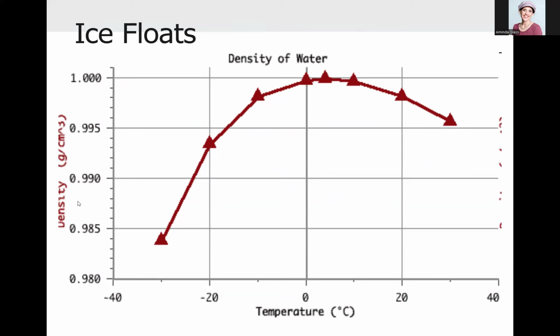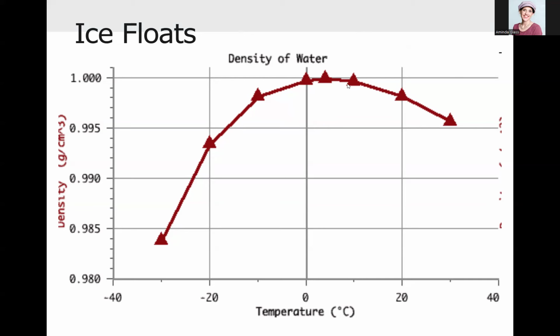If we look at the density of water, we can see that as the temperature drops, so here we're at room temperature, well, this is 30 degrees Celsius, which is a little bit warmer than room temperature. But as it cools, you can see that the density starts to get bigger and bigger.